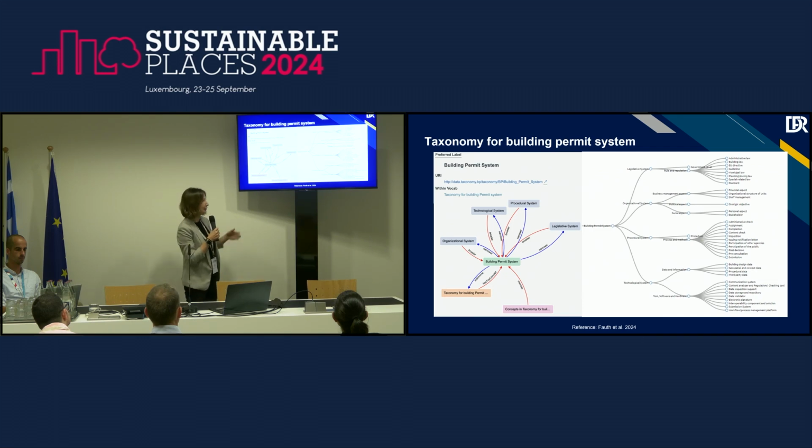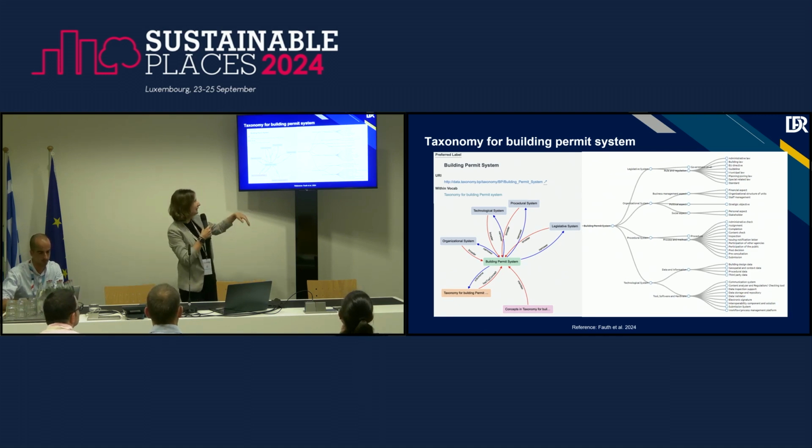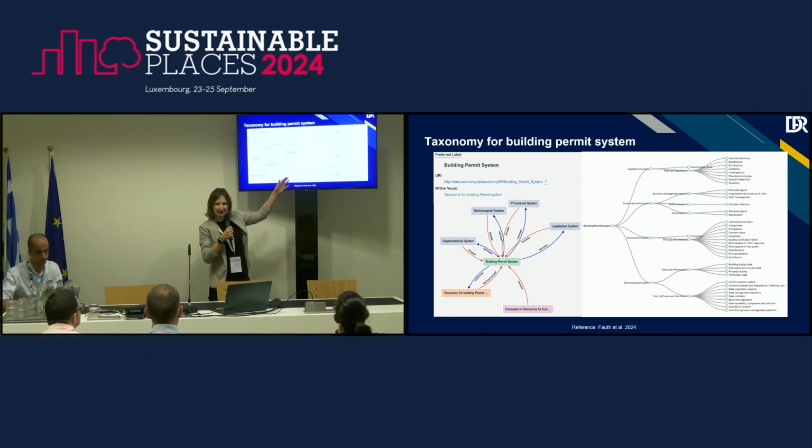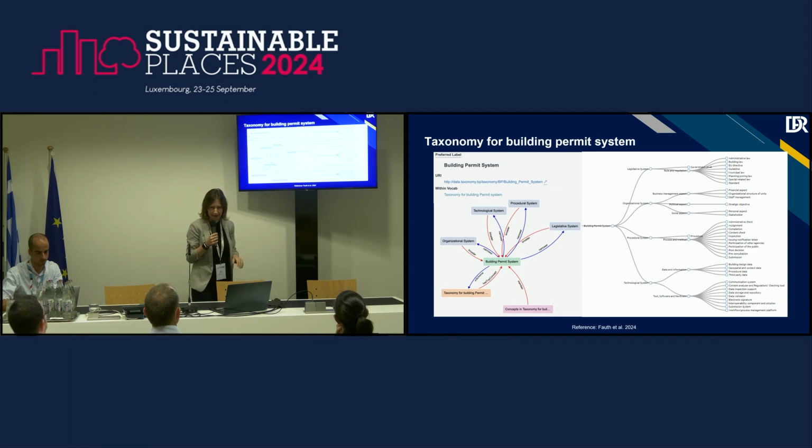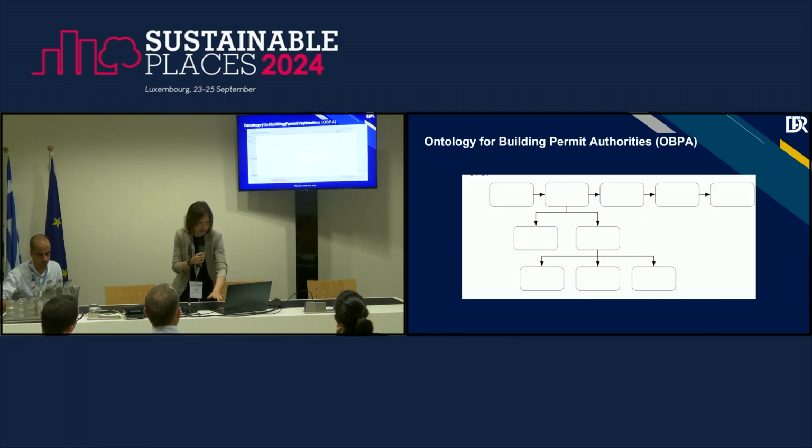So this was a first intention to describe the building permit system on a high level. It consists of different subsystems: technological, procedural, but also organizational and legislative. You can check everything online. There's also a paper published about this.